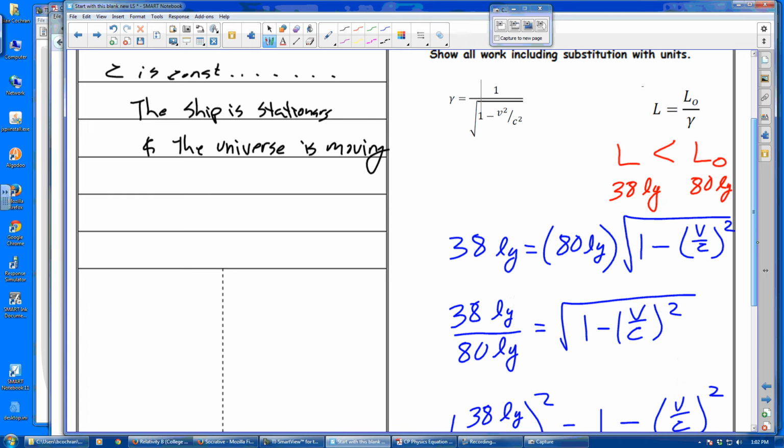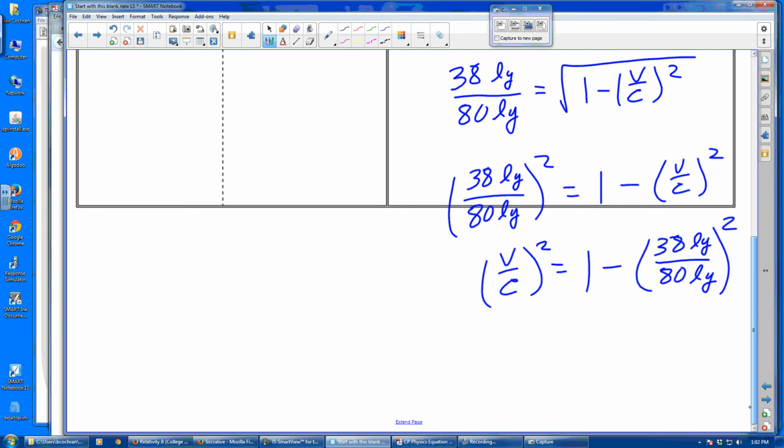Well, why not just flip it back up to here where we established that L must be less than L naught. Use that knowledge. There you go. And then solve for v over c. I'm going to let you do the last little bit of algebra there. But I will try it also to make sure my method works.